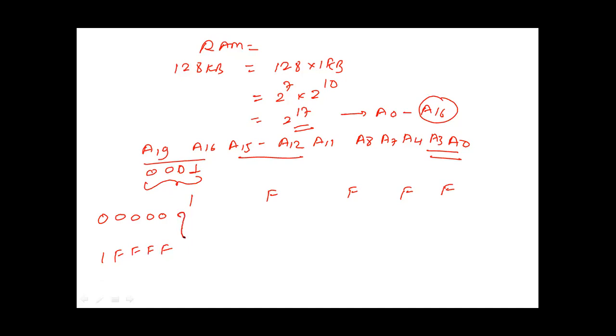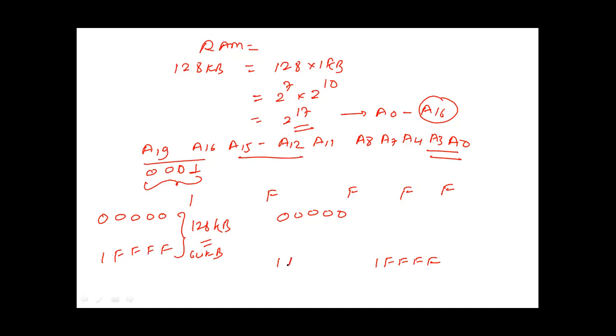So this would be 128 KB. You can determine the 64 KB chips' location. So this would go into the first even, and the final would be going into odd.